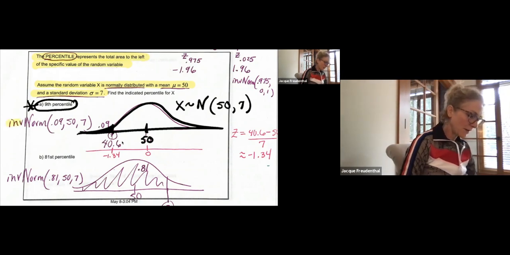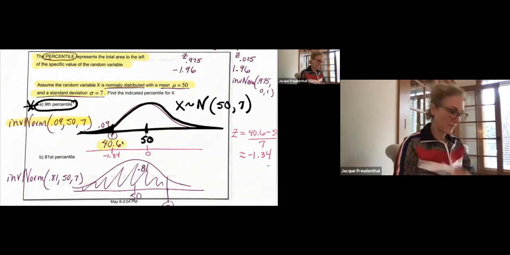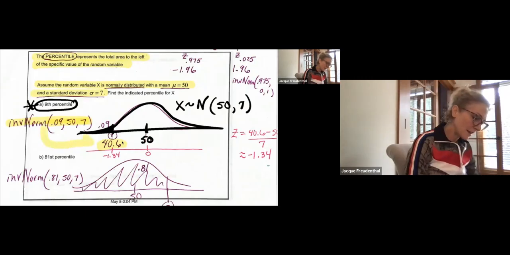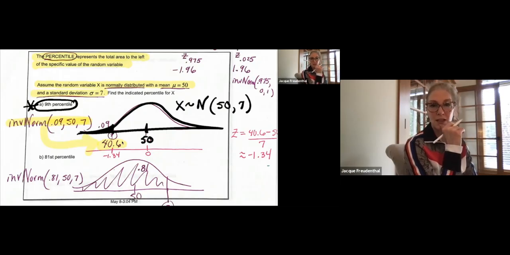So we could use our calculator, inverse norm. We put in area of 0.09, area to the left. You put in the mean and the standard deviation, and you get 40.6. So this is going to give you the value. The percentile is 40.6. It's the 9th percentile, which is the location of 40.6.